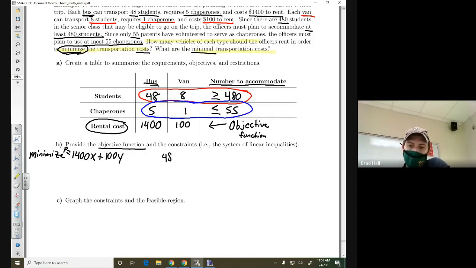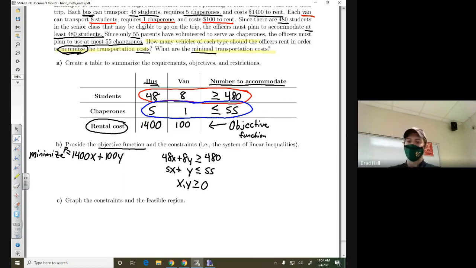So we have 48x plus 8y is greater than or equal to 480. We have 5x plus 1y is less than or equal to 55. And naturally, we're missing something here. Non-negative restrictions as well. Which normally we take care of inadvertently by just looking at the top right part of the graph.